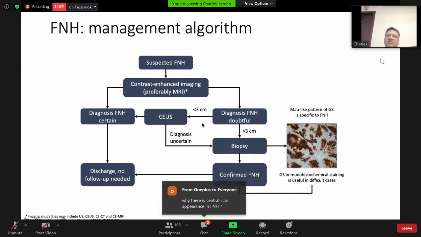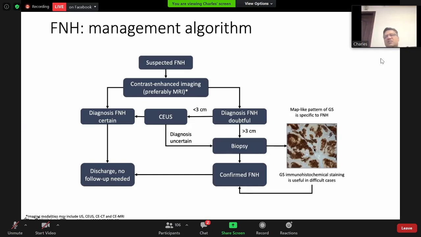Whereas if the lesion is more than 3 centimeters and the diagnosis is still in doubt, you can do a biopsy, and biopsy will show a map-like pattern of glutamine synthetase staining on immunohistochemistry. And if your diagnosis is confirmed, then you can discharge the patient and no further follow-up is needed.